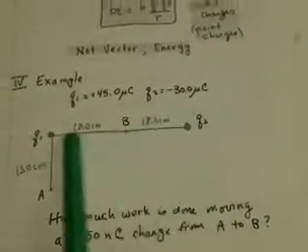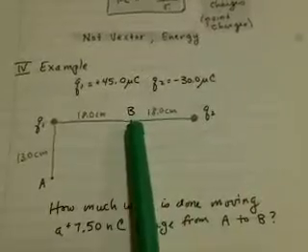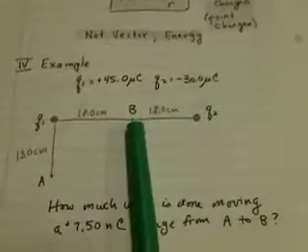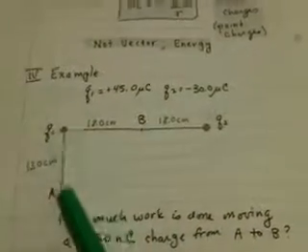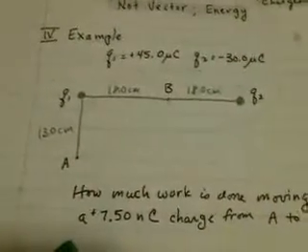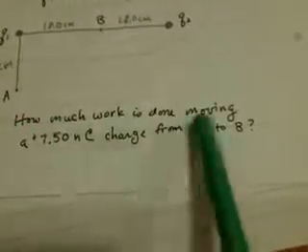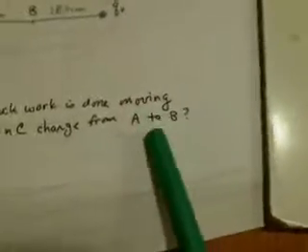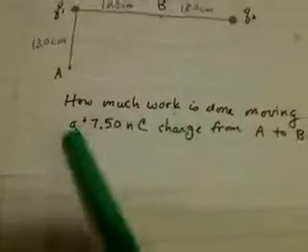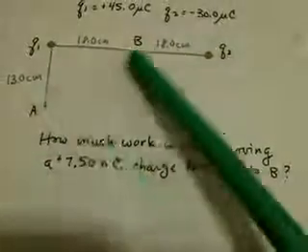Those 2 points are separated on an axis by 36 centimeters, and point B is smack dab in the middle. Point A is on the y-axis 13 centimeters below Q1. And the type of question that is very typical you'll see is how much work is done in moving a certain amount of charge from one spot to another. So from point A to B, it'll be a positive 7.5 nanocoulomb charge to go from here to there.